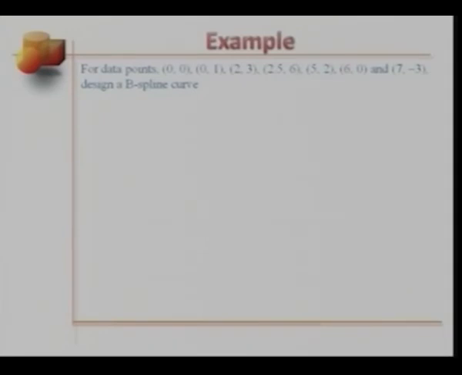For data points (0, 0), (0, 1), (3, 2.56), (5, 2), (6, 0), and (7, -3), let's design a B-spline segment. We have the number of data points as 1, 2, 3, 4, 5, 6, 7.